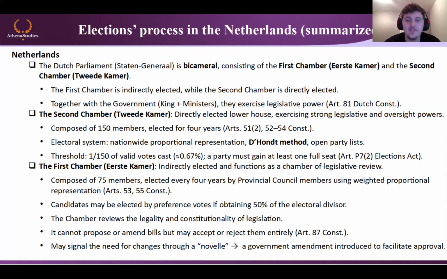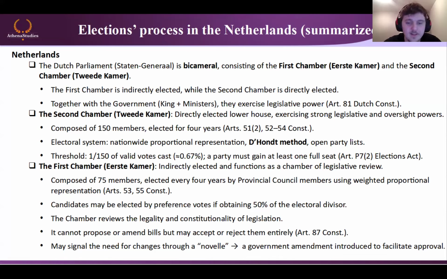The first chamber now, the indirectly elected one, and it serves as the chamber of legislative review. So it's 75 members elected for 4 years by the provincial council members using weighted proportional representation. Candidates may be elected by preference votes if obtaining 50% of the electoral divisor.